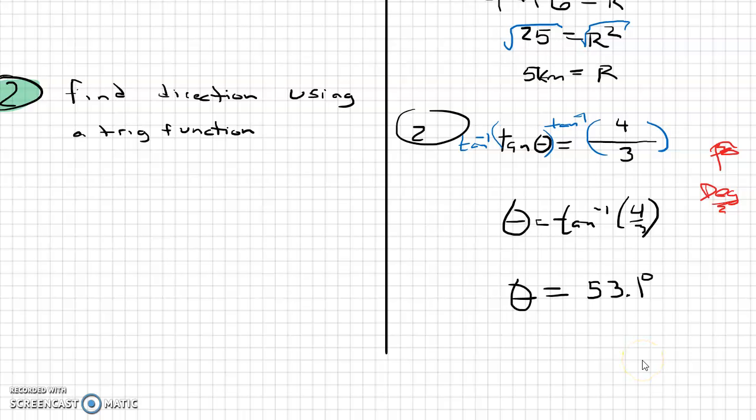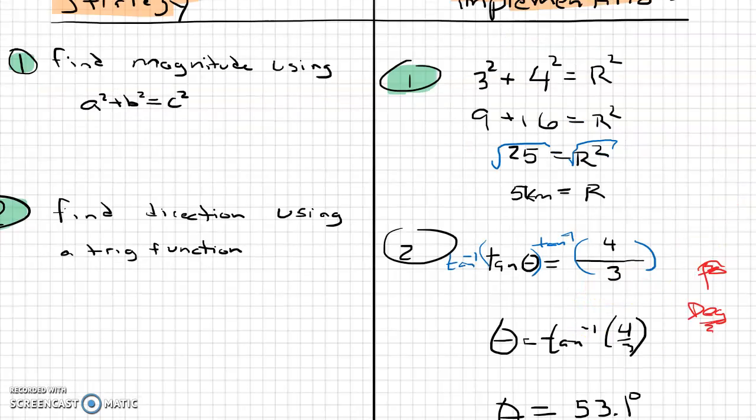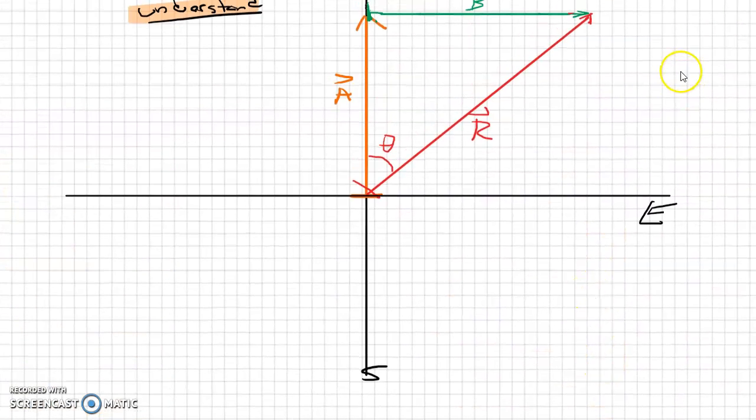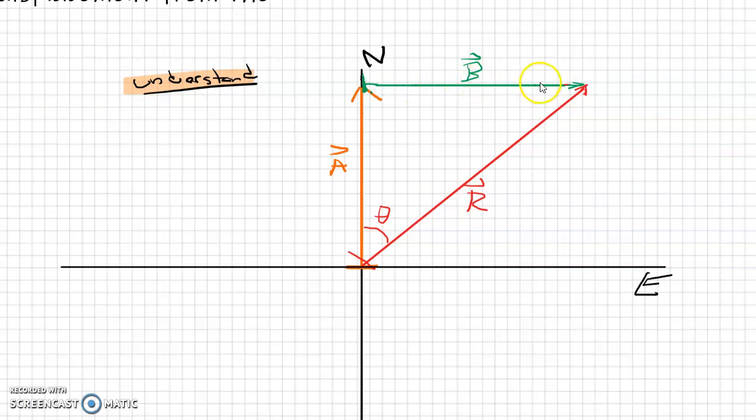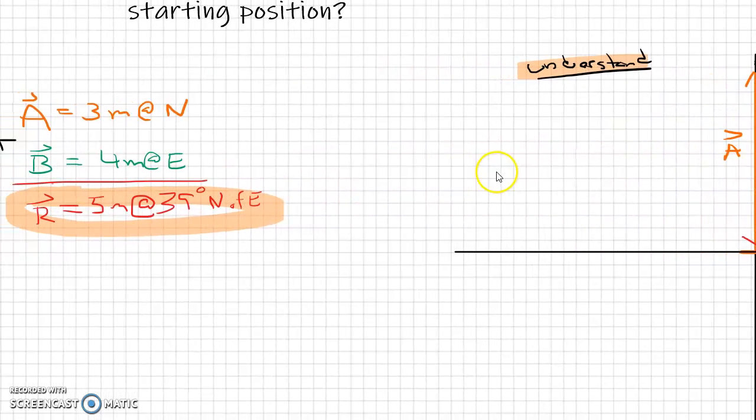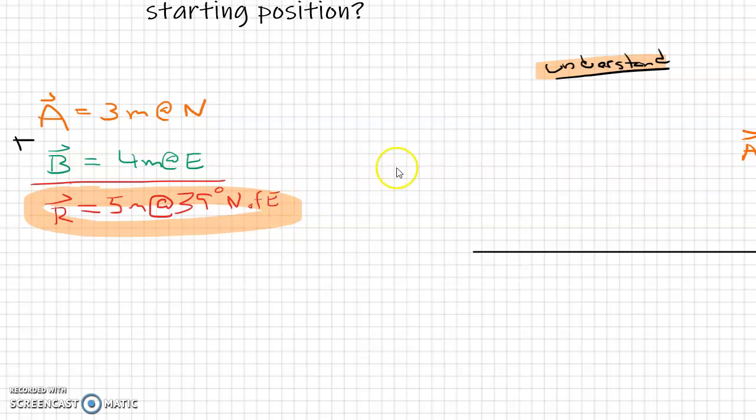Okay, so after putting that in my calculator, I did find that the angle here was 53.1. And this makes sense to me because this is our bigger side, so I would expect this angle here to be the bigger angle. So 53.1 seems to make sense to me. This is also consistent with what we found before, notice here, this was the 39 degrees.